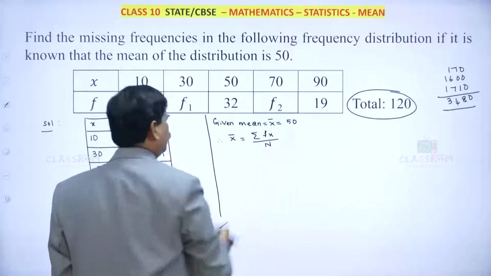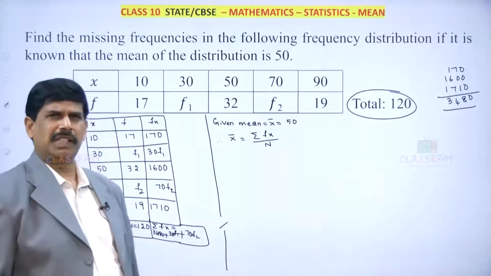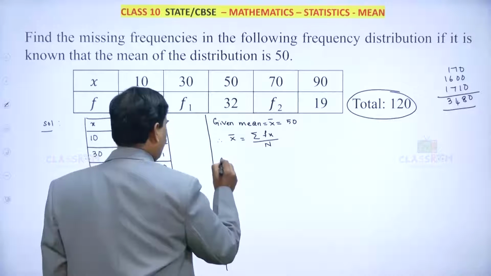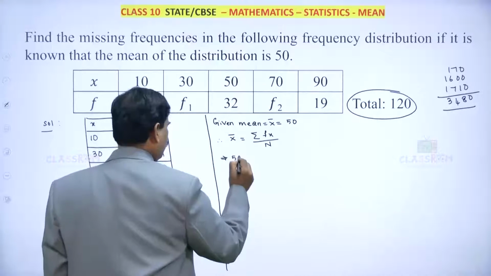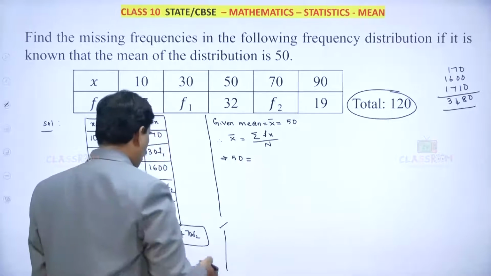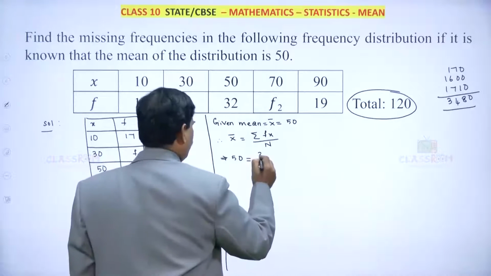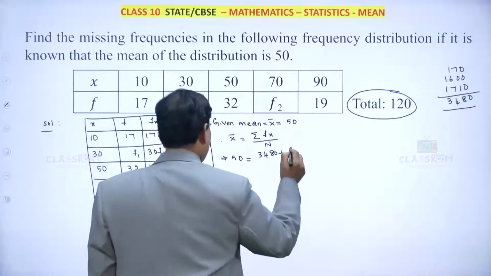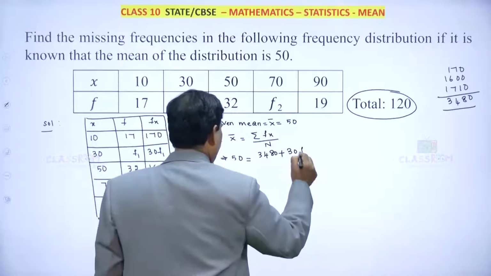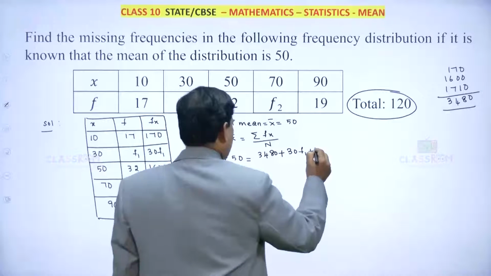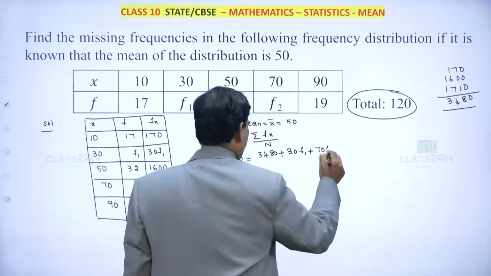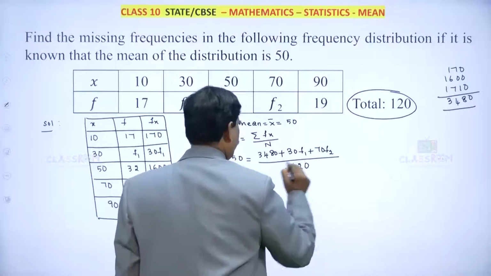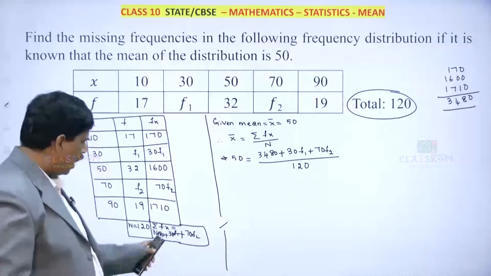Mean is equal to sigma fx by n. So now this is 50, which is equal to, how much is sigma fx, children? We got it: 3480 plus 30 f1 plus 70 f2 by 120. Okay, n value is 120.